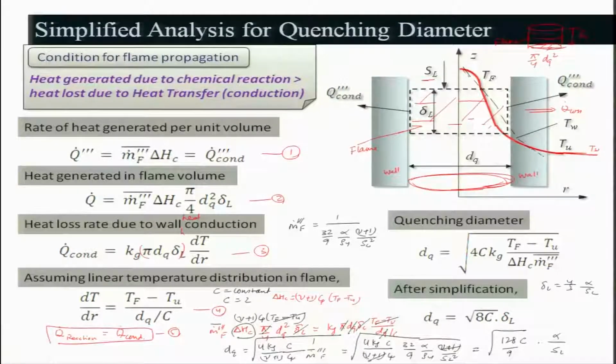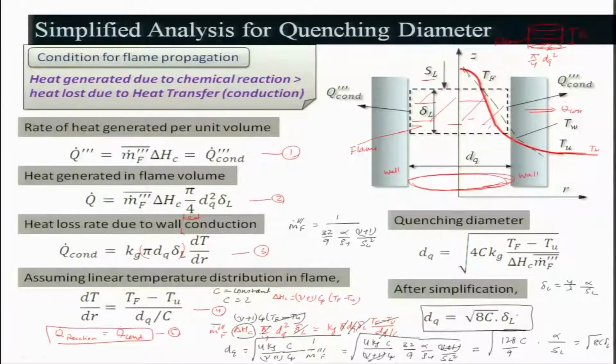So, if I substitute over here, alpha by SL is nothing but 3 by 4, right, I will get root over 8 C delta L. So, this is the relationship you will get. That means, the quenching distance or quenching diameter in this case is proportional to the flame thickness.